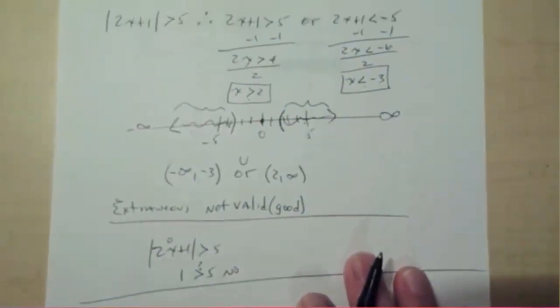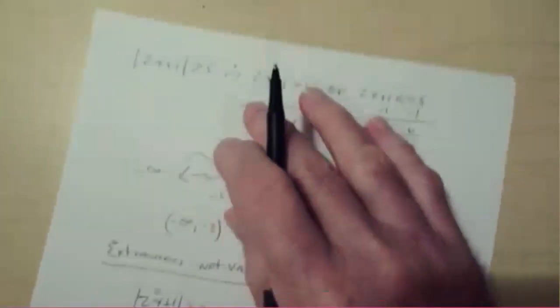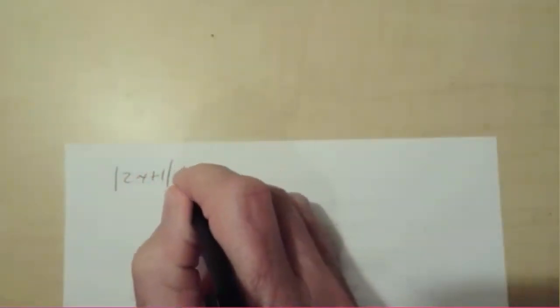2x plus 1, absolute value of 2x plus 1 is less than 7. So we have two possibilities here.